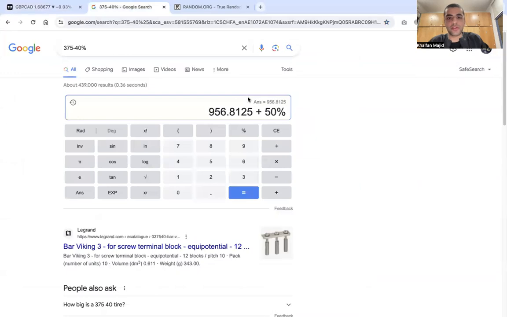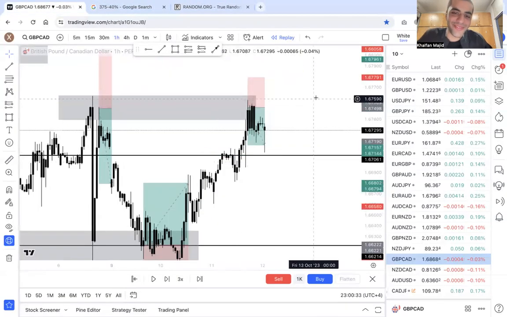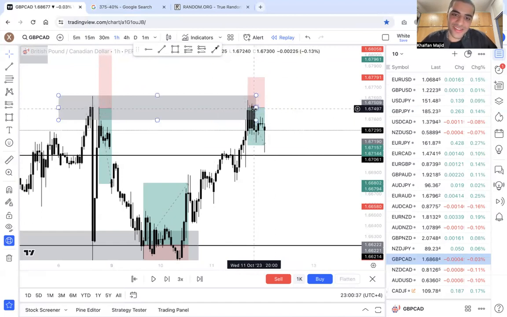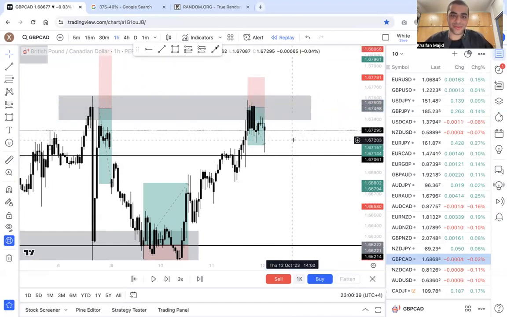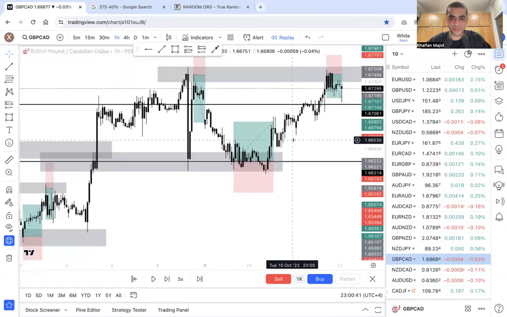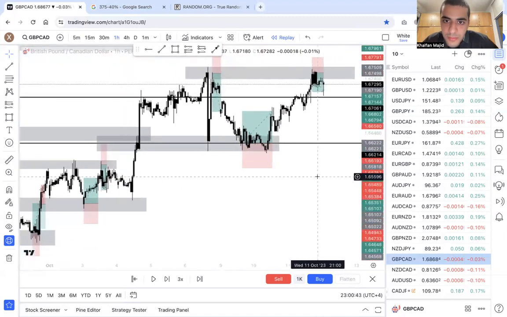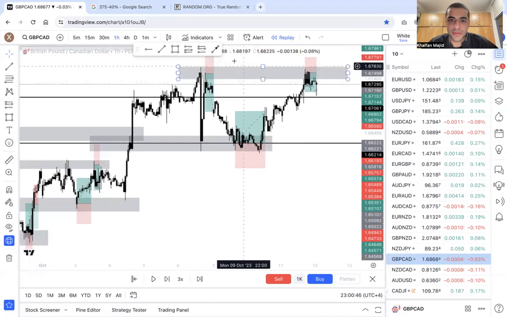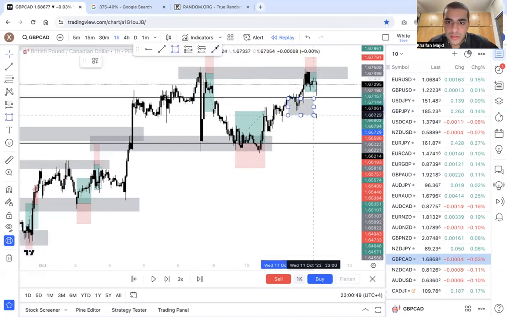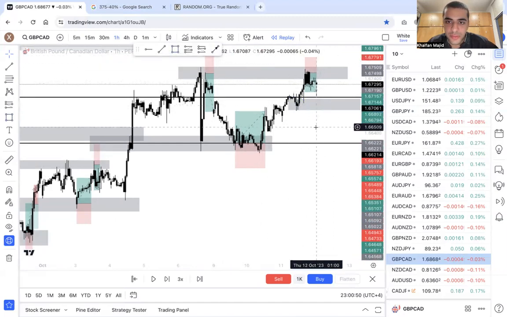Plus 50%. Bro, are we winning this fast? Now it's ranged, so I'm not gonna trade it for the third retest though. But this could potentially also be a zone. So let's see where price goes.